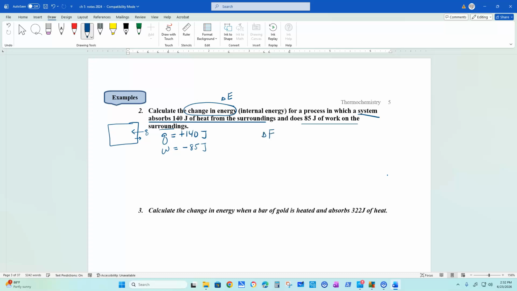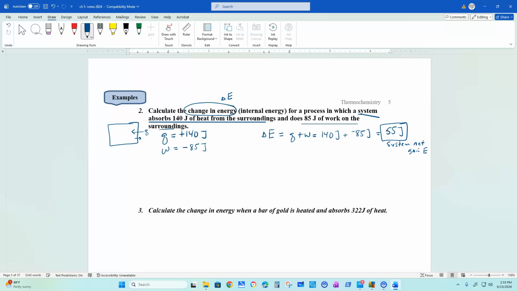I'm going to write my equation: delta E equals Q plus W, 140 joules plus negative 85, which really means you're subtracting, so 140 minus 85, with nothing after the decimal in this case. In the end, I'm going to get a positive 55 joules, which means the system had a net gain in energy.